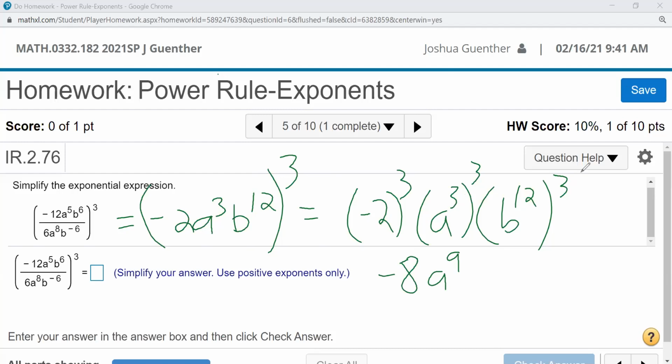B to the 12th, then raised to the 3rd, we need to multiply these powers. That's going to be b to the 36th power. So ultimately, we're going to have negative 8, a to the 9th, b to the 36th.